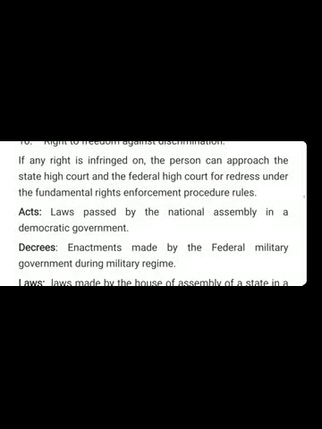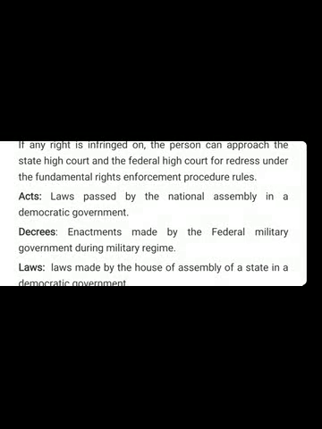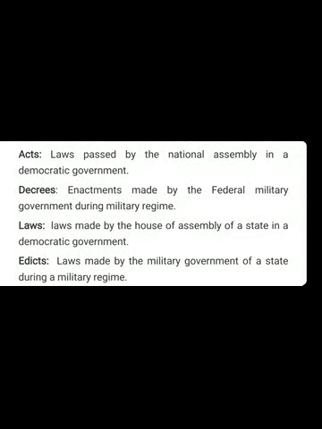That takes us to acts. What are acts? Acts are laws passed by the National Assembly in a democratic government. I had said that before. Laws passed by the National Assembly, that is the federal government, are called acts, while decrees are enactments made by the federal military government during a military regime.